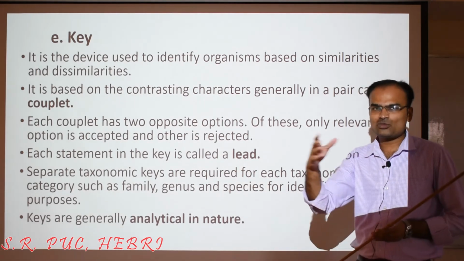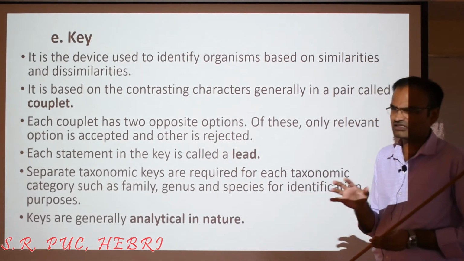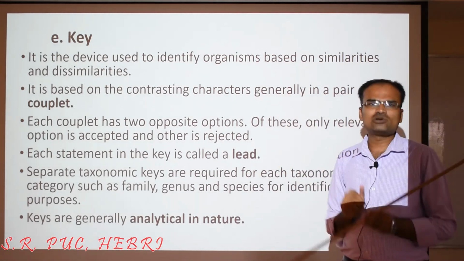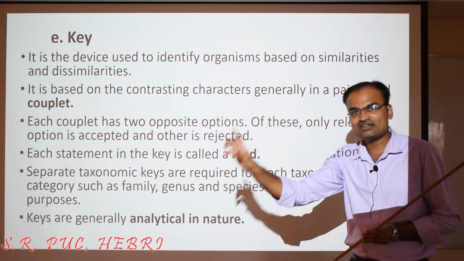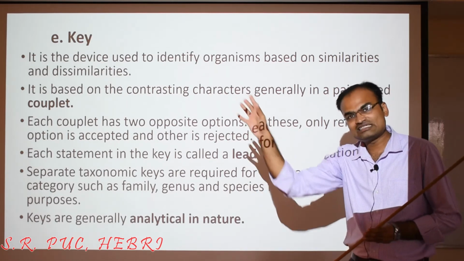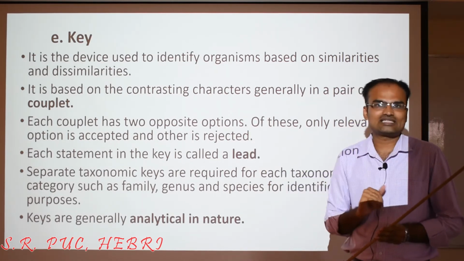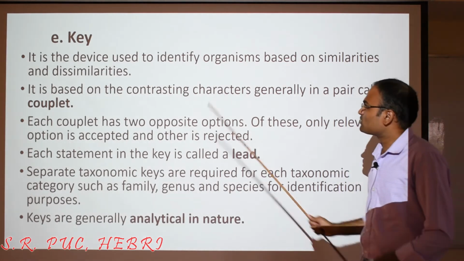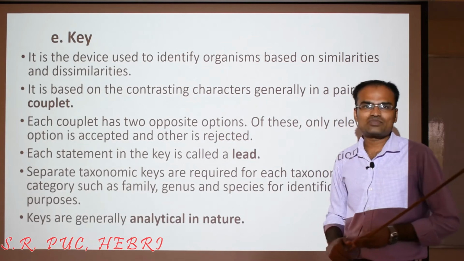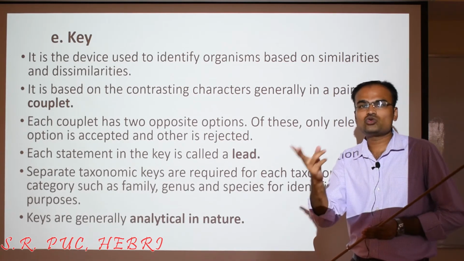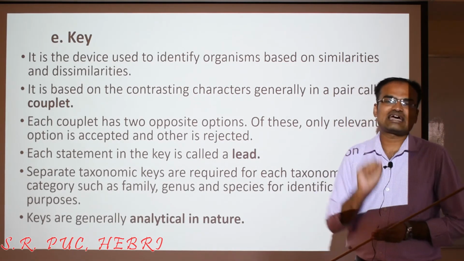You already know about the characters of organisms, like how a human looks, how a banyan tree looks, how a coriander plant looks, how a coconut tree looks, how a bird looks, isn't it? But what is a contrasting character? It is not only a character, it is a contrasting one. Contrasting means two faces of the same character.